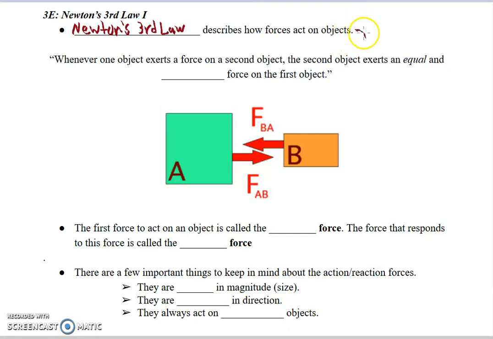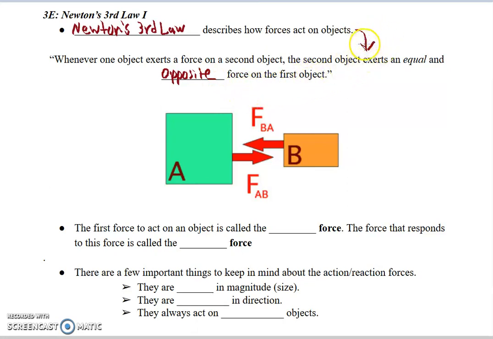Now, what does that mean? Well, this is how it's usually written formally, this quote right here. So whenever one object exerts a force on a second object, the second object exerts an equal and opposite force on the first object.